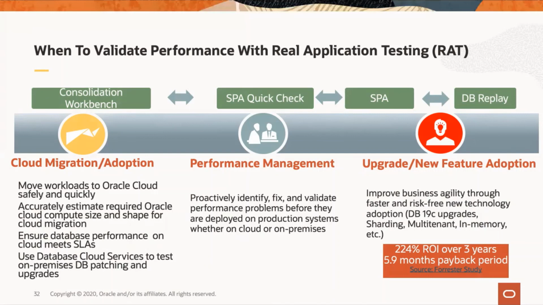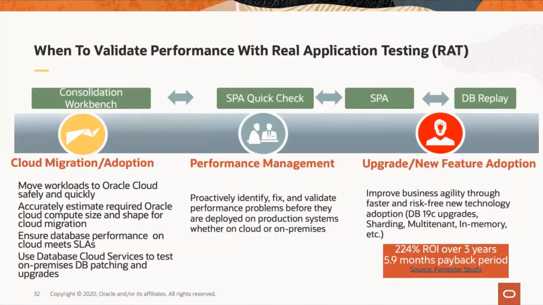So let me break down the benefits here. Just in summary, the biggest benefit from implementing real application testing by those that were interviewed by Forrester, a number of our customers where they did some really deep dive interviews and survey questions to get their information. They found that about 2/3 of the benefit was improvements in productivity for DBAs.